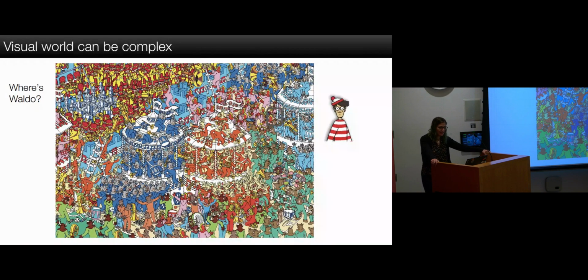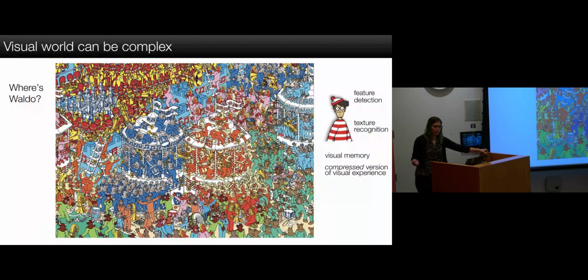So when you were doing this task, for those of you who've done Where's Waldo before, which was most of you, you were imagining kind of what Waldo looks like. You might have been doing feature detection, looking for his glasses or his hat. You might have been doing texture recognition, looking for the stripes on his shirt. That's usually how you do it, but his shirt is hidden here, so it's a little mean.